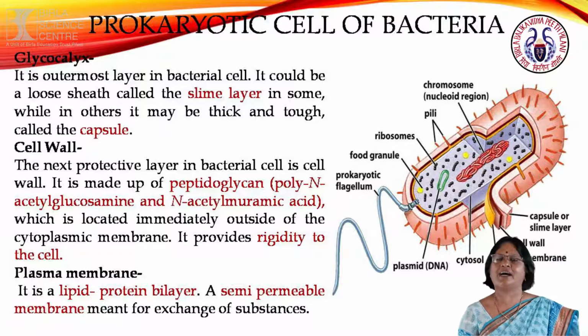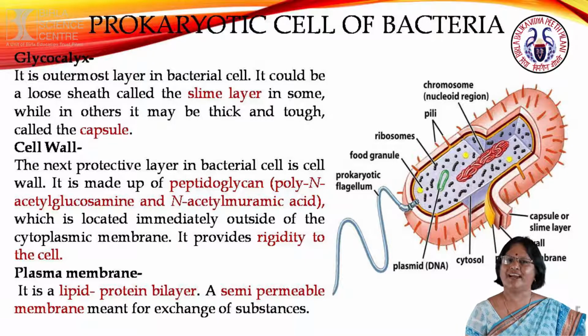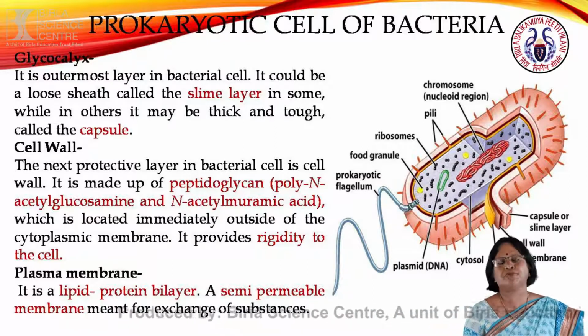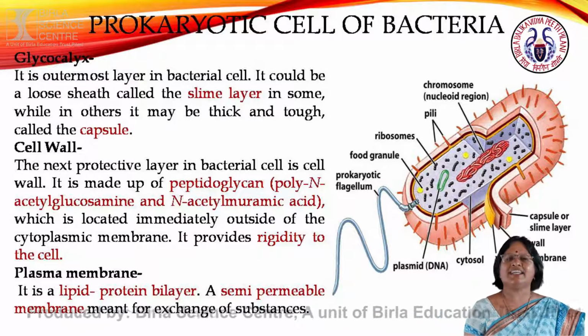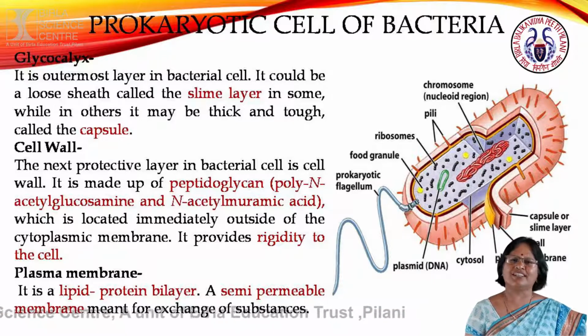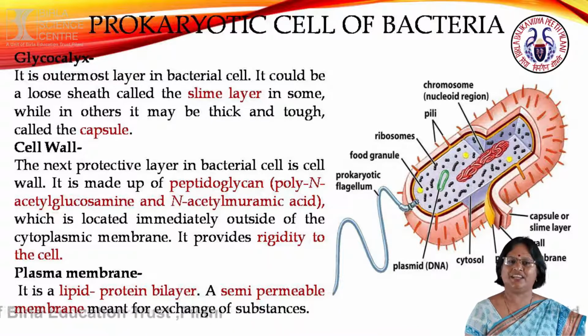The first and the outermost protective layer of a bacterial cell is known as glycocalyx. So it is the outermost layer in a bacterial cell, which can be of 2 kinds. In some bacteria, it is in form of a loose sheath, and that loose sheath is known as slimy layer because it is slippery in nature.